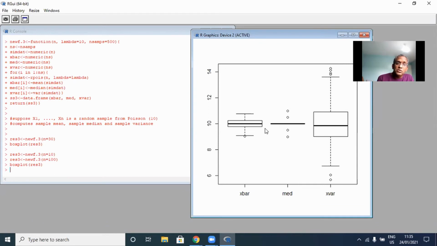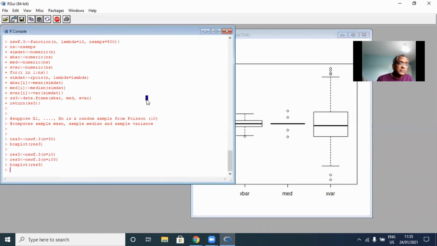Number one, this box is pretty large. Number two, the sample median is bound to take integer or half integer values, which may not be realistic because lambda can take any real value. It doesn't need to be an integer or half integer.